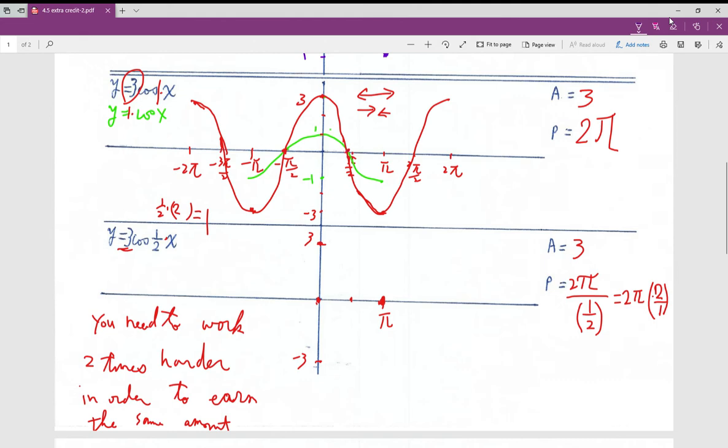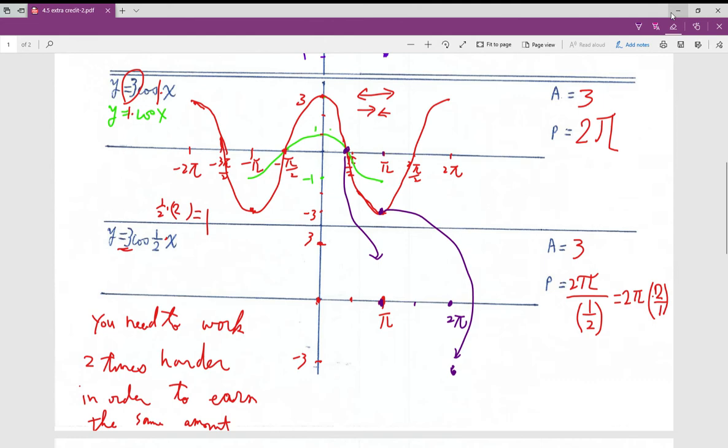This one goes to here. Okay. And here, the pi becomes 2 pi. So when it's 2 pi, then you have this one. Make sense? Okay, goes to here.